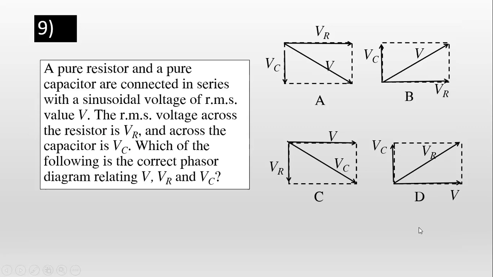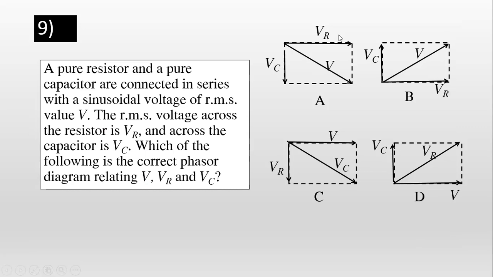A pure resistor and a pure capacitor are connected in series with a sinusoidal voltage of root mean square V. The root mean square voltage across VR and across VC. Which of the following is the correct phasor diagram relating V?